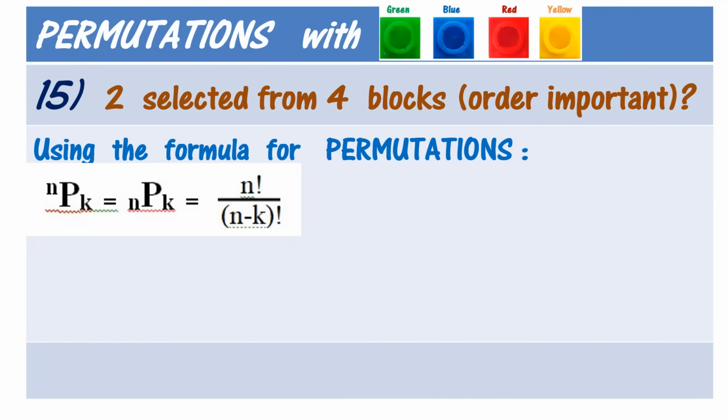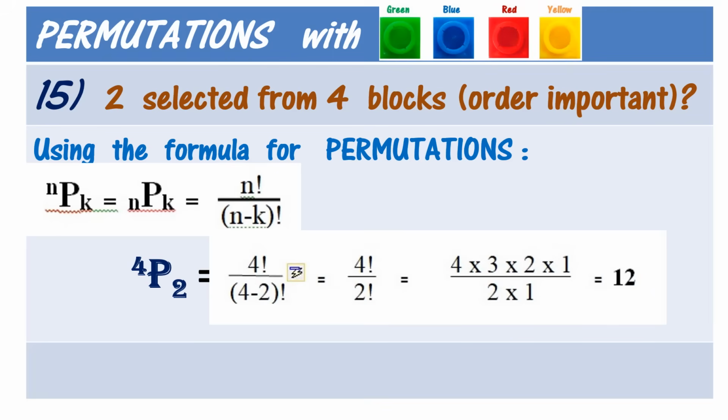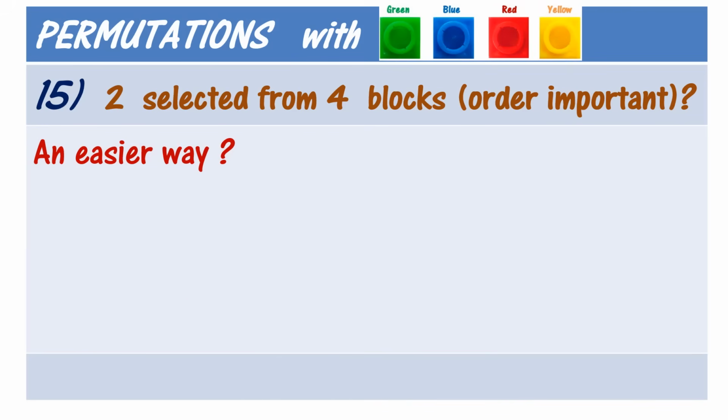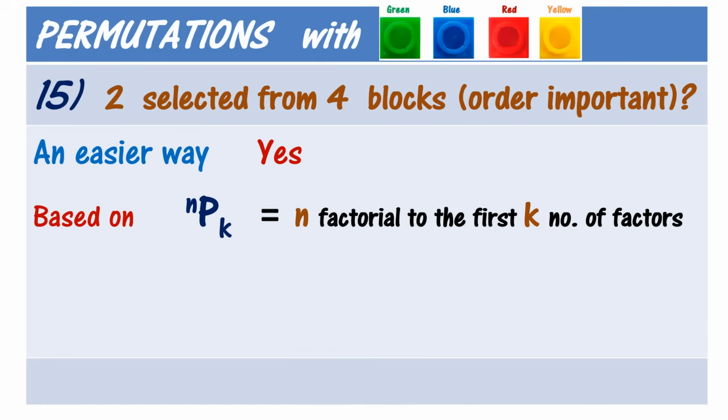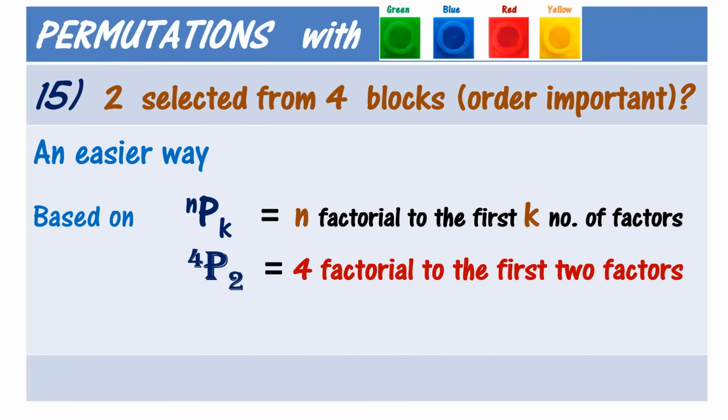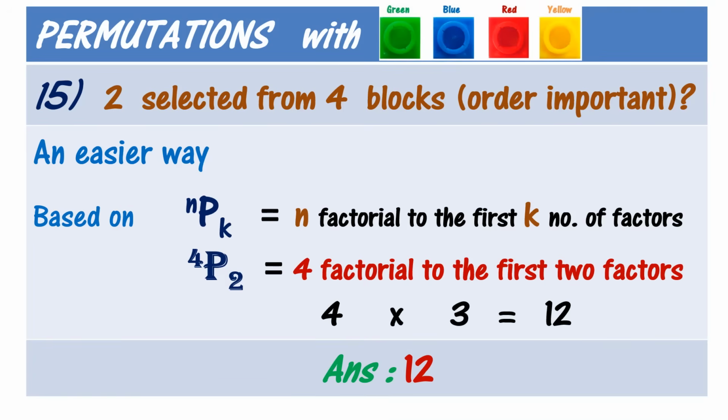That is the formula. And the answer is 12. But I want to ask, is there an easier way? And there certainly is. You start with n factorial, but you only use the k number of factors. So in 4p2, I use only the first 2 factors, 4 by 3. Answer, 12.